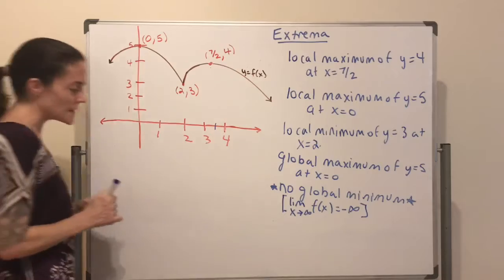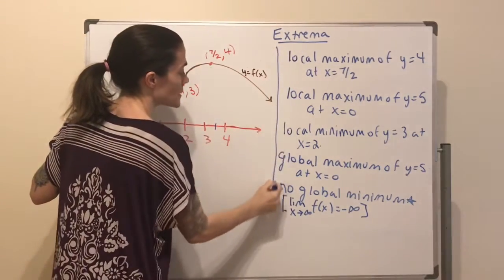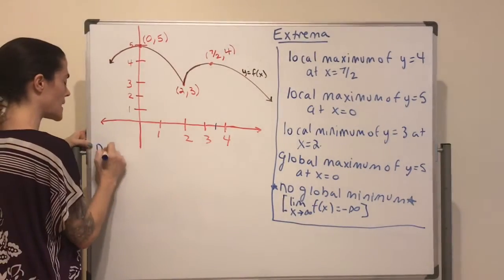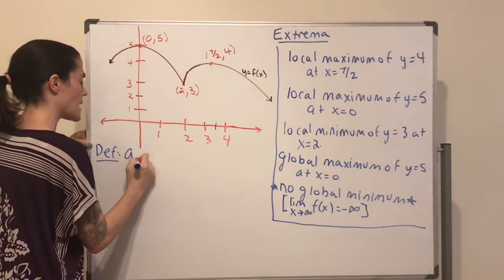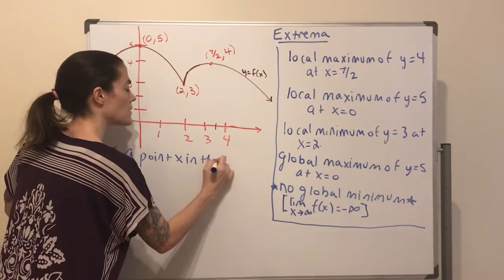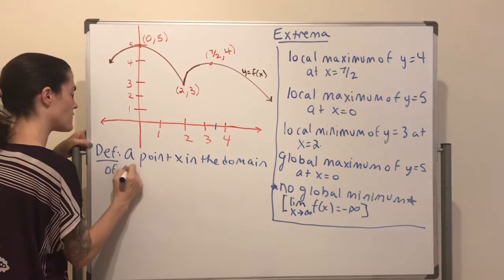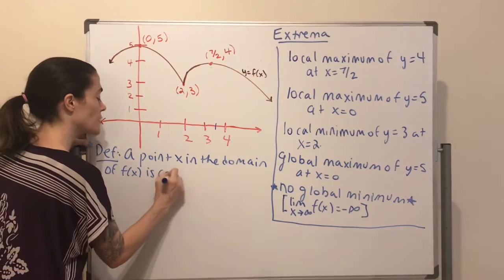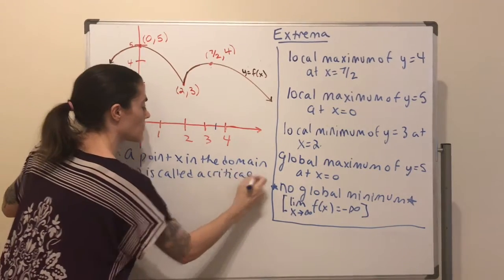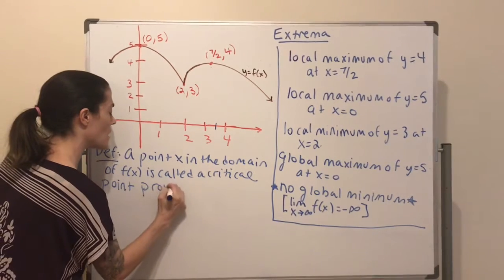Okay, now let's get into a definition. So maybe I'll put this in a box, which comes into play here. Definition: a point x in the domain of a function f of x is called a critical point provided, well, two things.